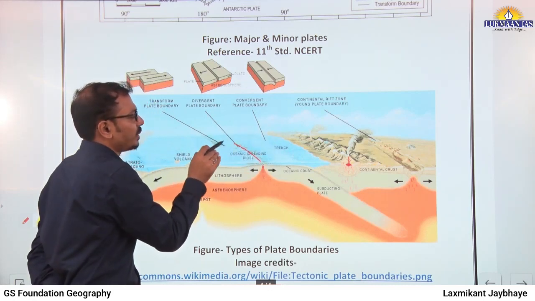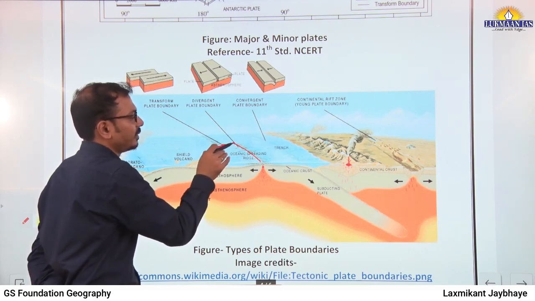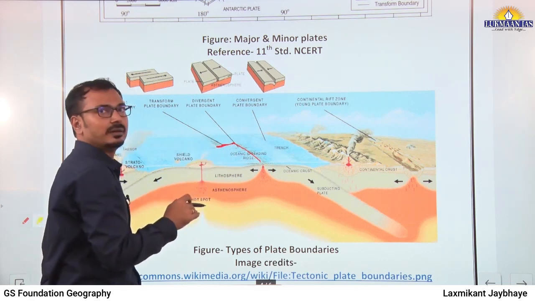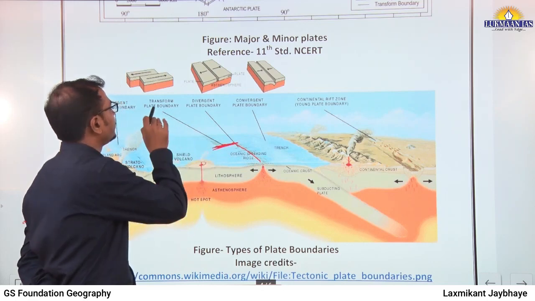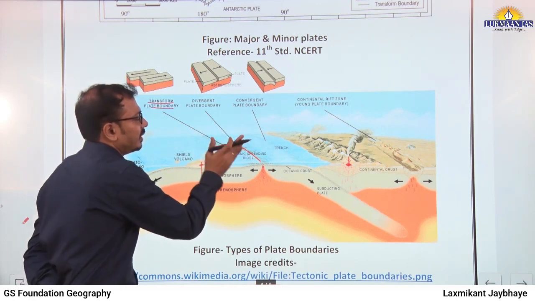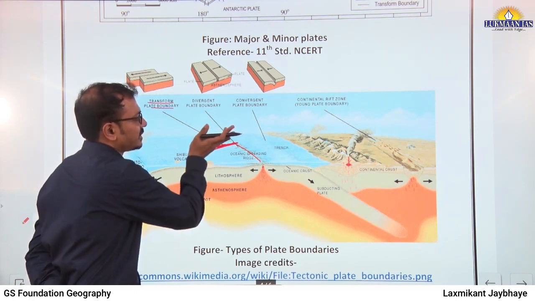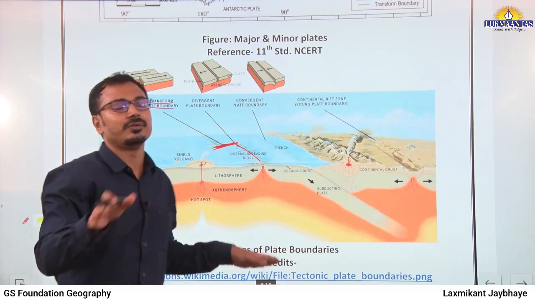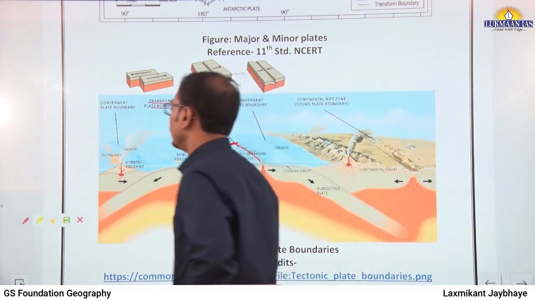In these two parts, a transform boundary is created. This is called a transform boundary. Can you see this transform plate boundary? The movement of masses along this boundary is like this, not towards each other, not away from each other.